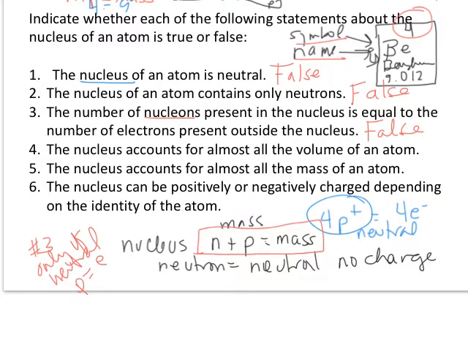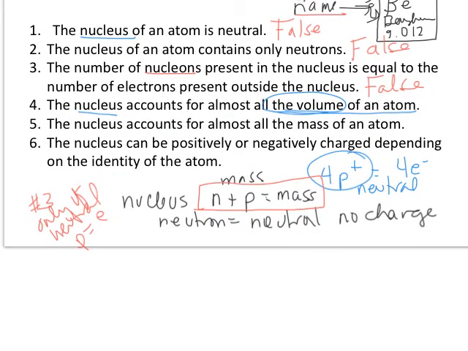Number 4, the nucleus accounts for almost all the volume of the atom. That's not true, okay? So if you listen to your lecture, you'll hear Dr. Haller talk about the nucleus, which has the neutrons and the protons, is about the size of a marble.